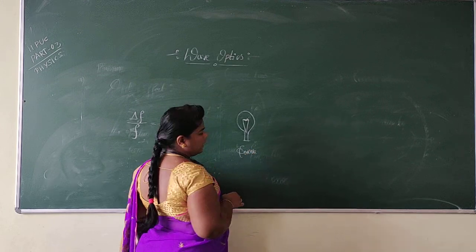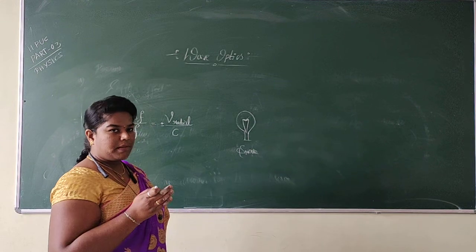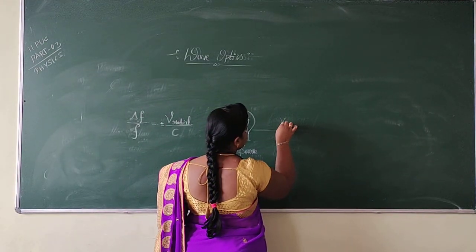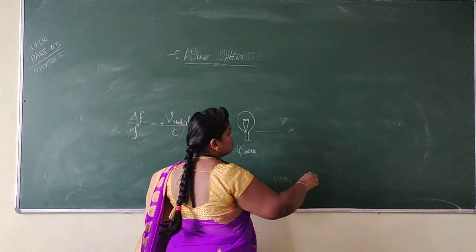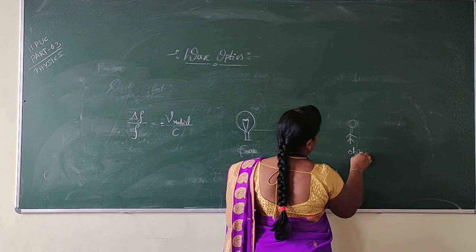I said earlier, when the source moves towards the observer or when the source moves away from the observer, it means the source is moving, it means the source has its velocity. So here we draw the observer. This is said to be the observer.